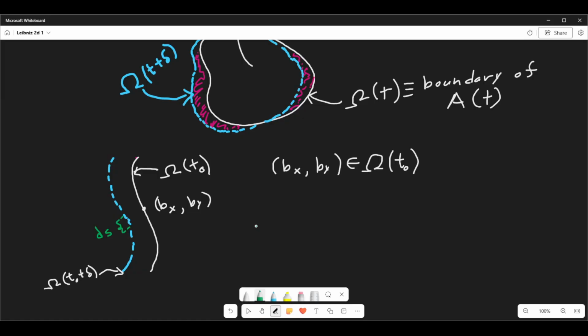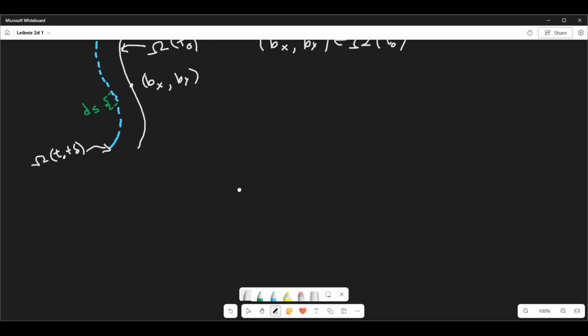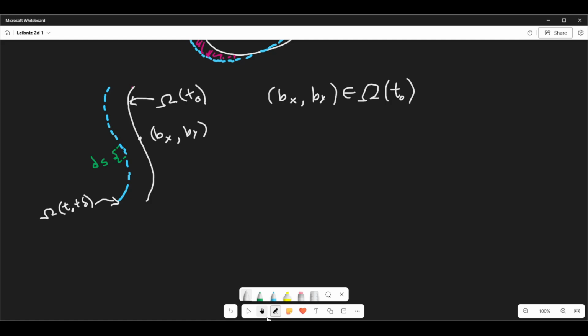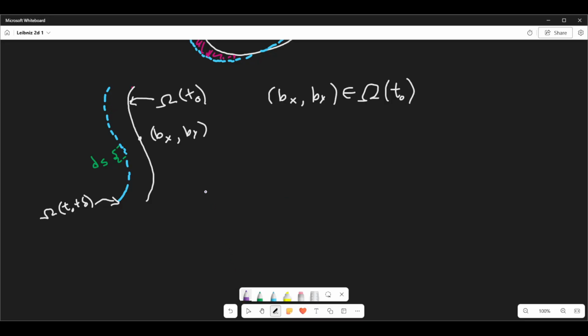So if this thing is moving, so I'm going to draw it again. No, maybe I won't. So here, if there's some kind of u velocity that's going across here, the u vector.